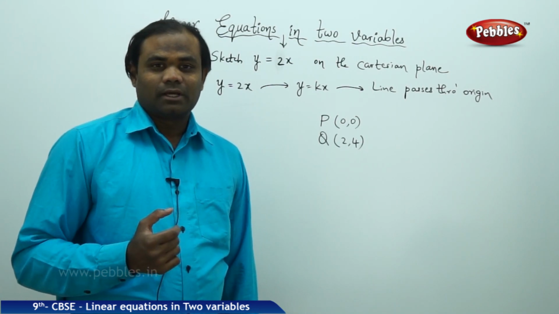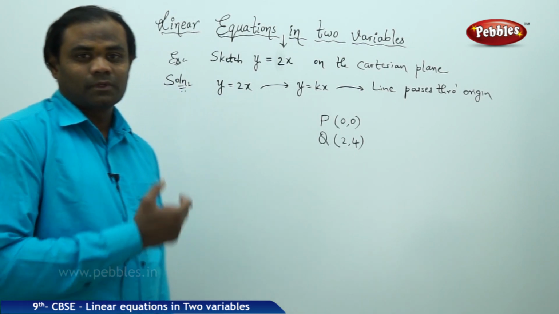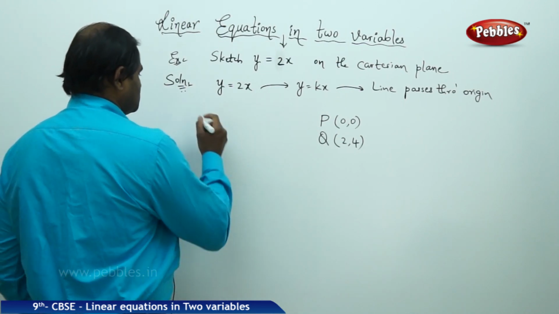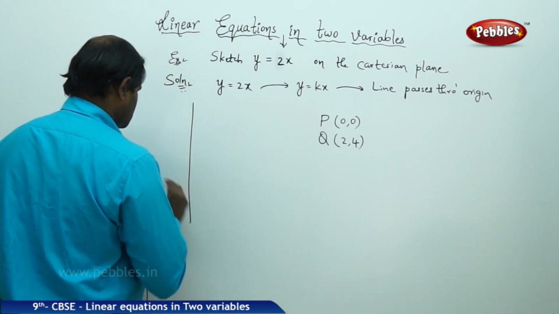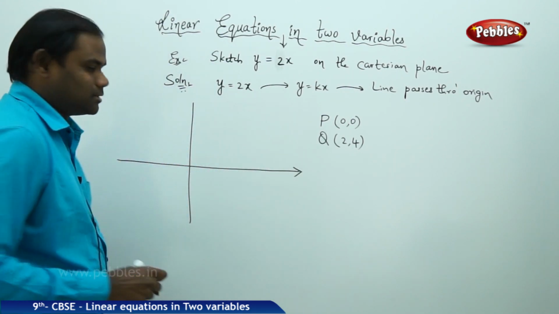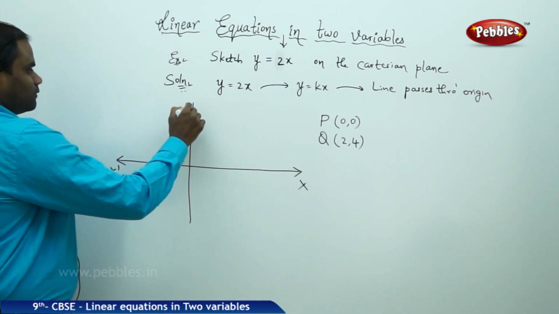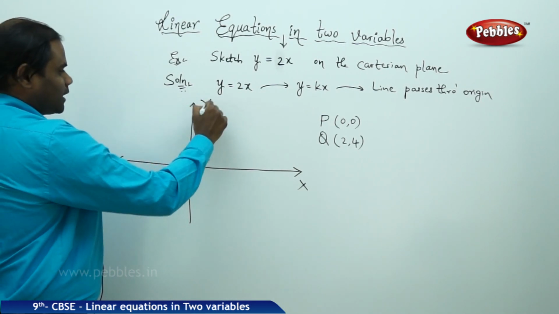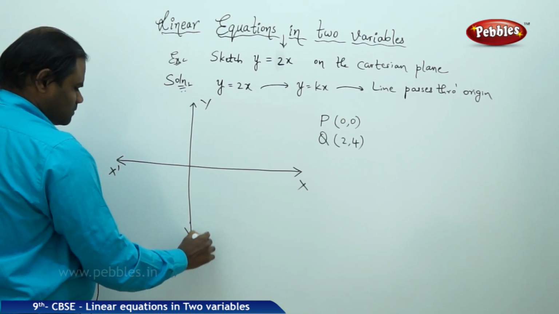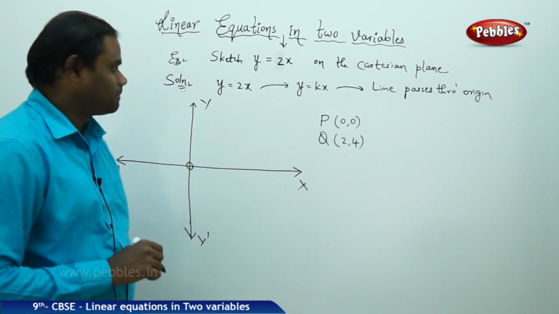So initially, I'm going to start with sketching of the Cartesian plane with x-axis and y-axis. The horizontal axis, which is x-axis, and the vertical axis, which is y-axis, and the point of intersection, which is the origin.